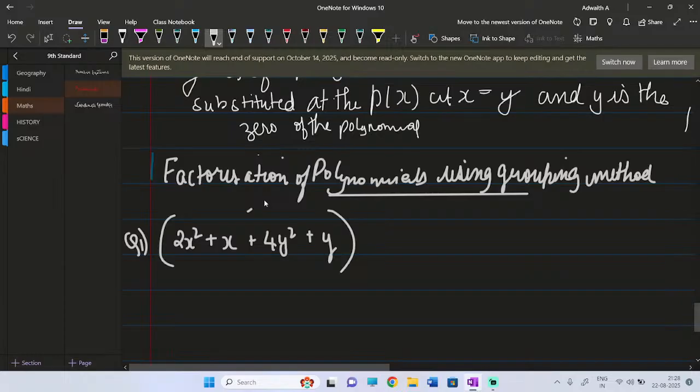Here only x is common, so x times (2x plus 1), because if we write 0 here, it won't work out. Then you write about the next part, plus. Is there anything common here? Let the question be 2y. You can take 2 common. Please give me 1 minute.